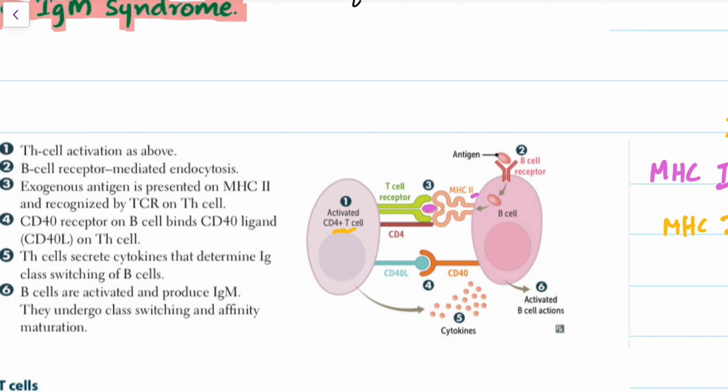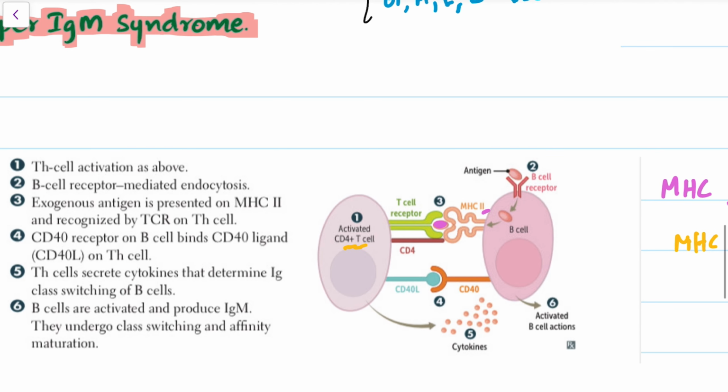And this T cell, as you know, has to reconfirm. Actually, T cells are very cautious. They don't want to make mistakes, so they have another way to ensure that they are not making a mistake. So how does that happen? It occurs by, you see, these B cells have a CD40 receptor.